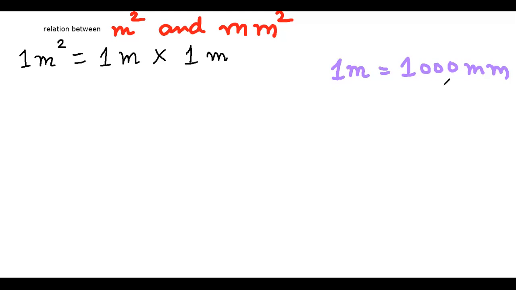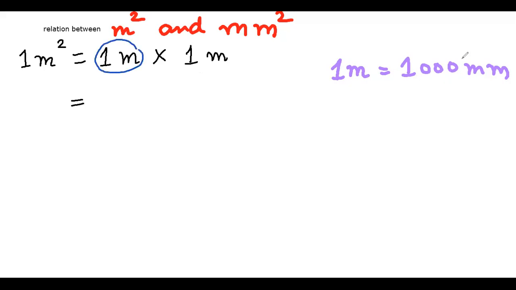That means length multiplied by length, side multiplied by side. And now let's do conversion of each meter.